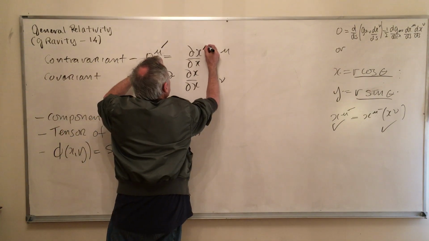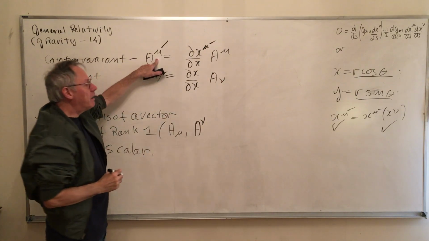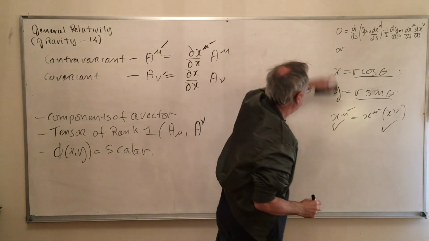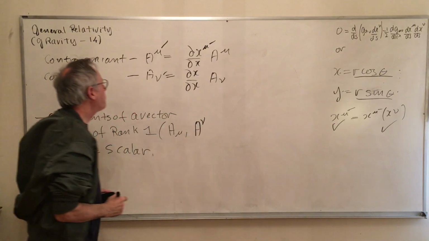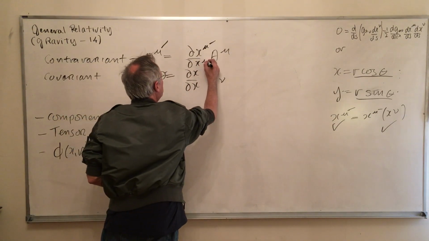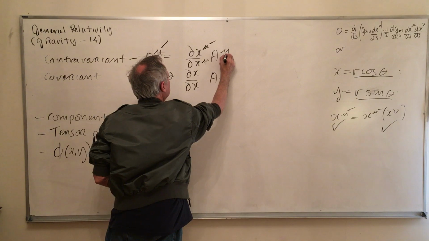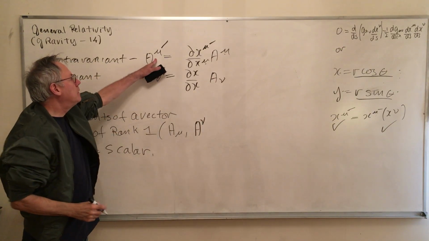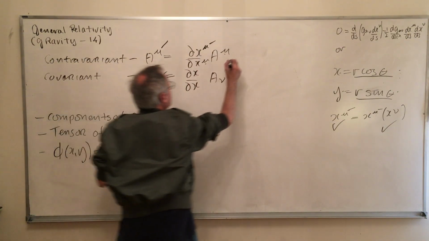Okay, so the old coordinates, a mu, contravariant and covariant, transform like this. Upstairs, upstairs. They are functions like this. This one, okay? Now we have to sum over something, so we sum over these guys. This is one free index.